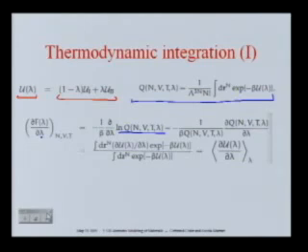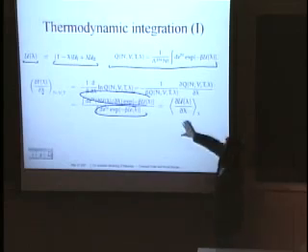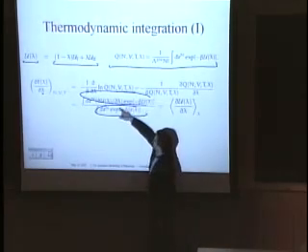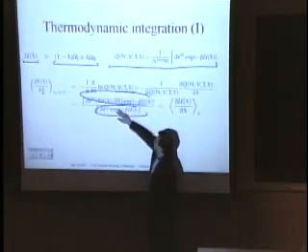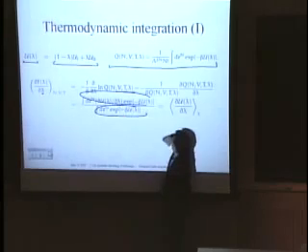You have 1 over Q times the derivative of Q with respect to lambda, and 1 over Q is the partition function here, and this is the derivative of the partition function with respect to lambda. You basically get an expression that is nothing else than the average in your ensemble, normalized by the partition function, of the derivative of U with respect to lambda.